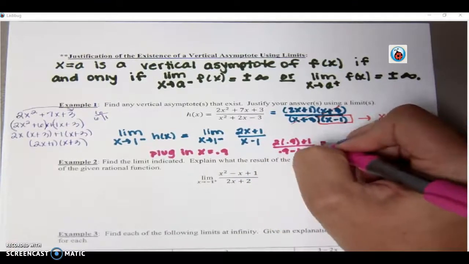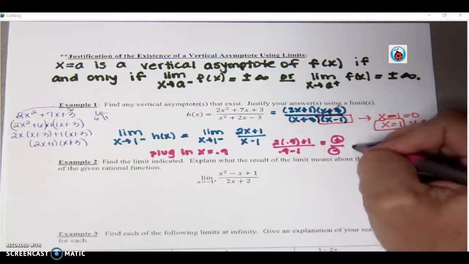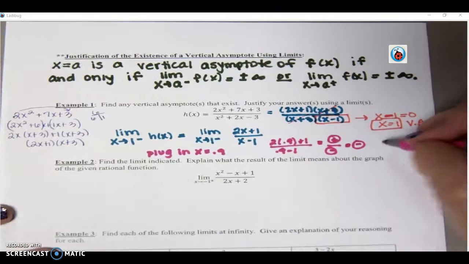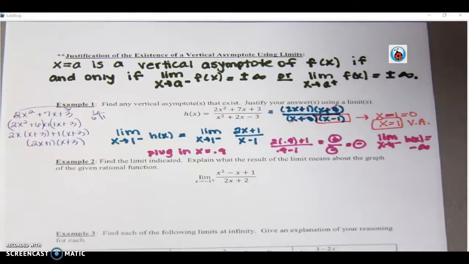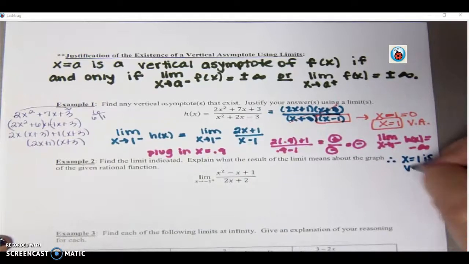So in the numerator, we'll get a positive answer. In the denominator, we'll get a negative answer. So that'll give us a negative answer. Okay, so this tells us that the limit as x approaches 1 from the left is equal to negative infinity. Well, what the existence theorem up there says, therefore, now we know that means x equals 1 is a vertical asymptote.